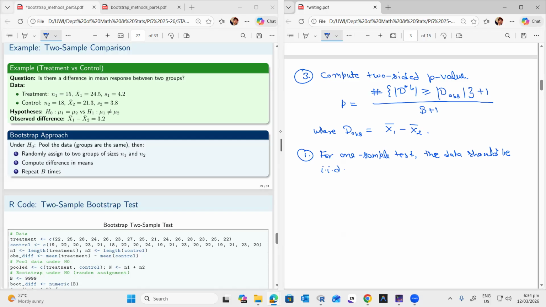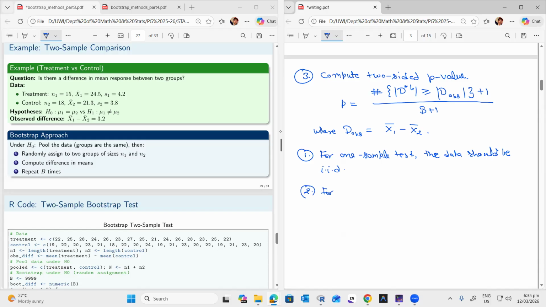It means the transformation assumes that under H naught the entire distribution is shifted by a constant. So this is appropriate for a location shift, but not for scale or shape changes.